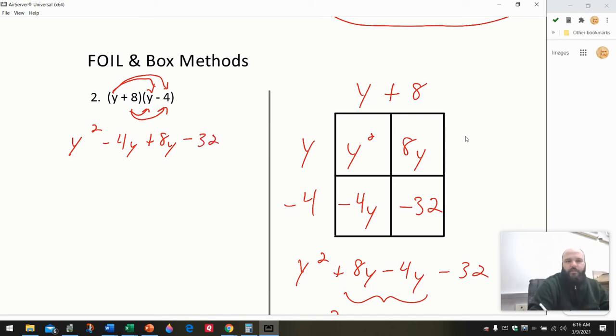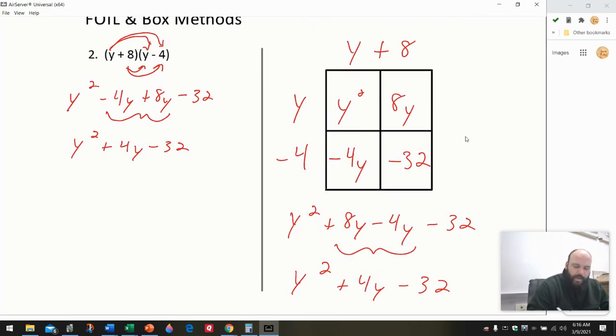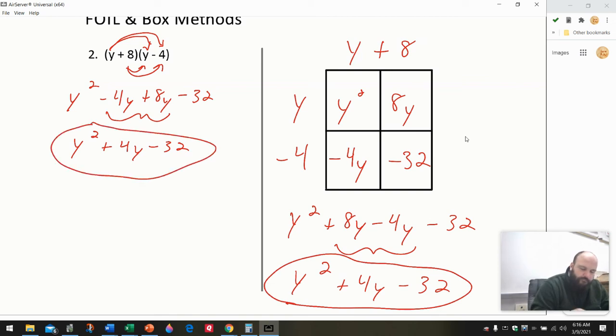So first, outer, inner, last. These two middle terms, negative 4y and 8y, give me 4y. So y squared plus 4y minus 32 matches perfectly with what we got from the box method.